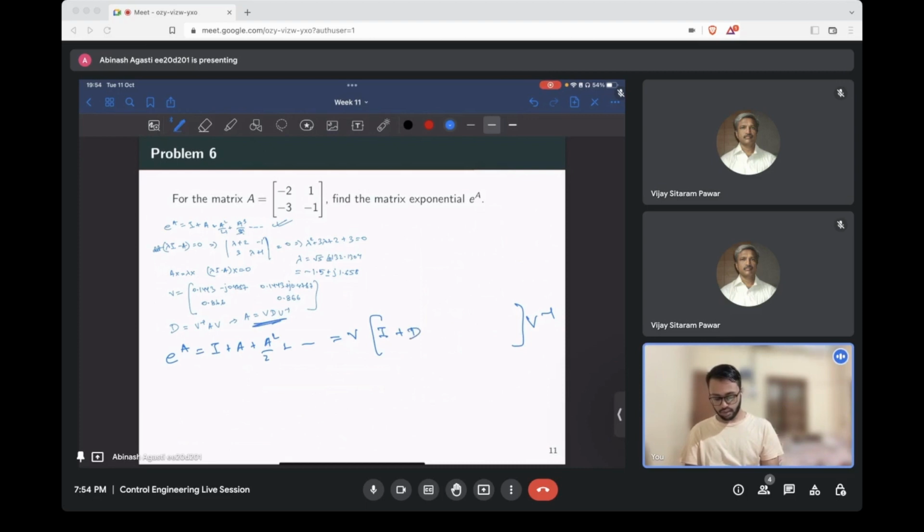So this is D. Then A square is V D V inverse V D V inverse, so this is V D square V inverse. So this can be written as D square by 2 and so on. We can do this for the entire series. So it's just V e to the power D V inverse. So that gives us a very convenient way.